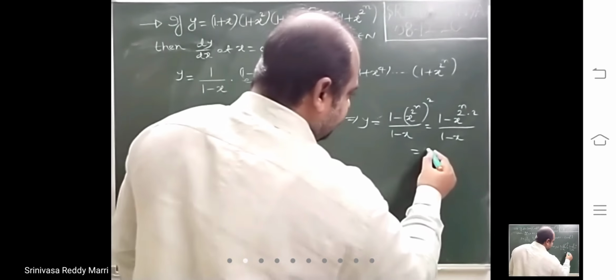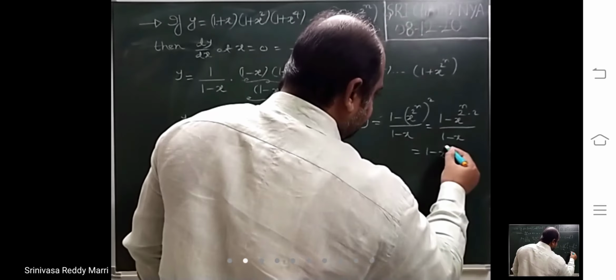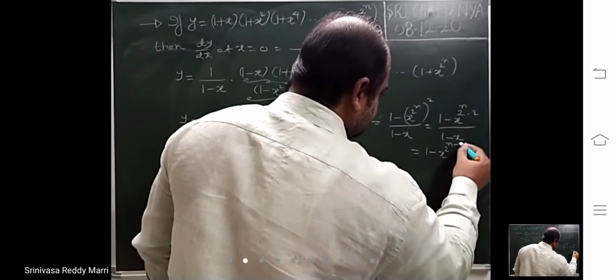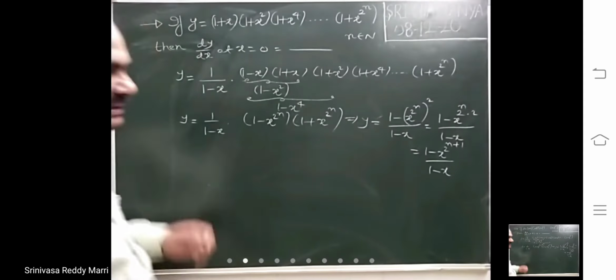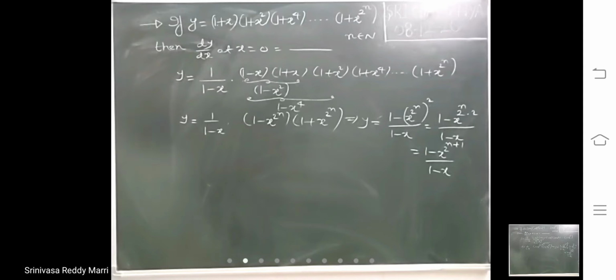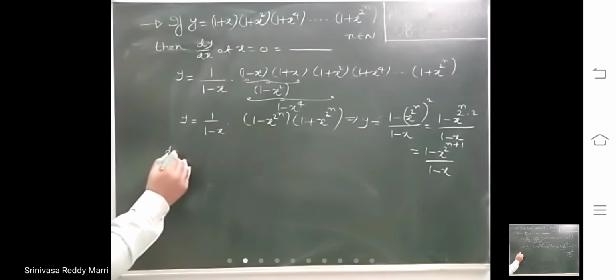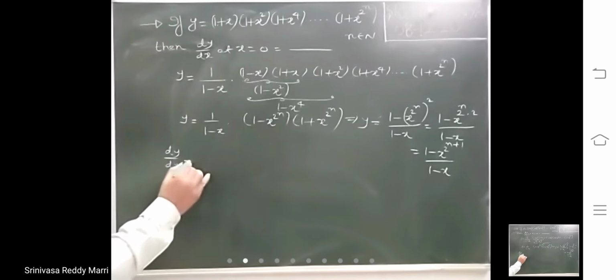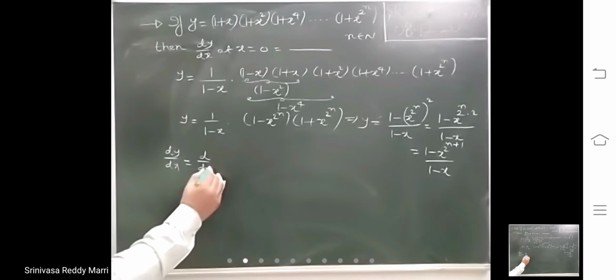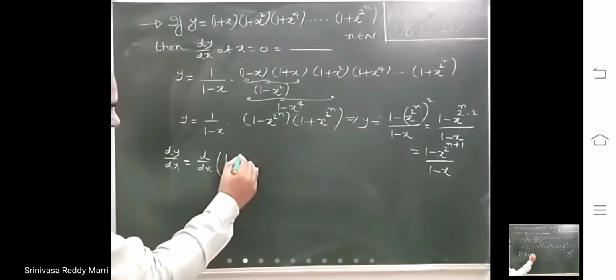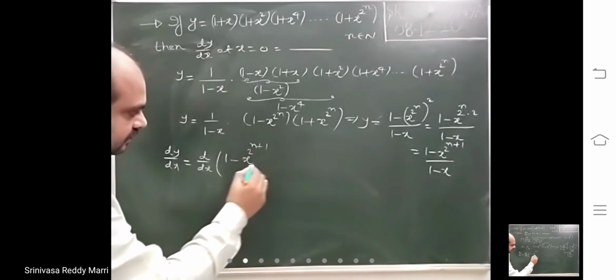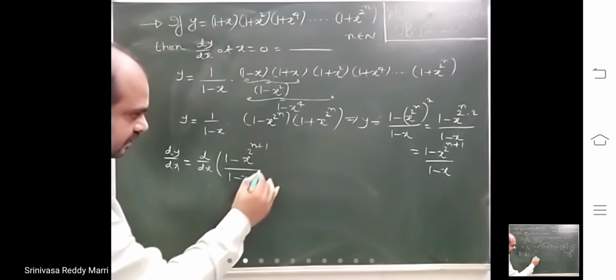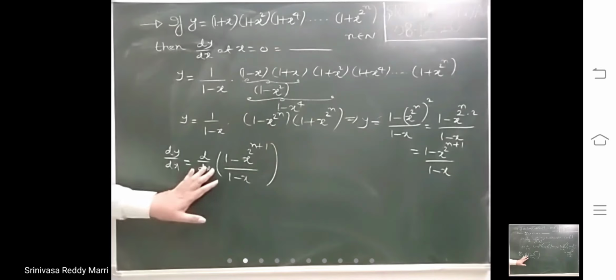A power m into n. That means y equals 1 minus x power 2 power n plus 1 divided by 1 minus x. This is the final simplification of y. Now you can calculate what is dy by dx. D by dx of this over 1 minus x. Now look at this.